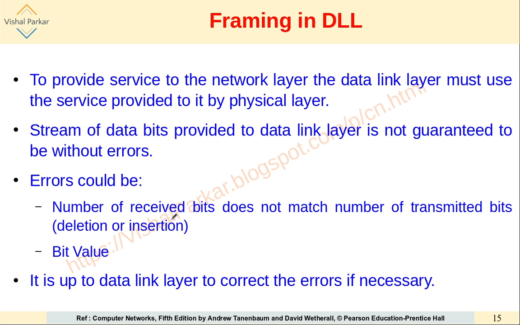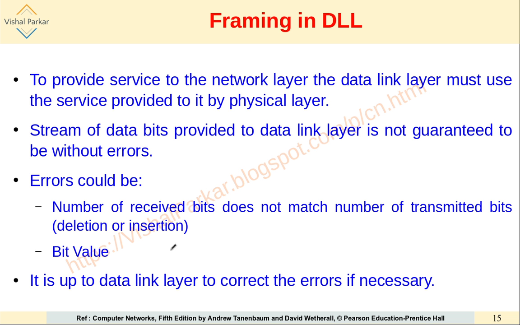Either the number of bits is changed or the value of a bit is changed. For example, if 101 was sent, it may be received as 1010, where 3 bits were sent and 4 bits were received. That is one sort of error. Or 101 was sent and received as simply 10, where one bit was lost. So that is deletion or insertion.